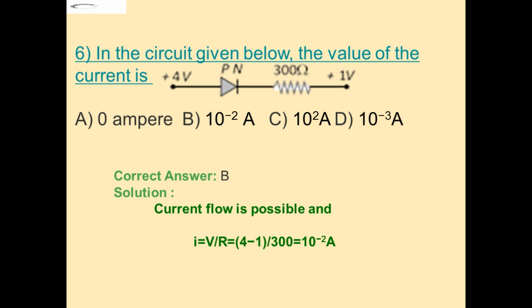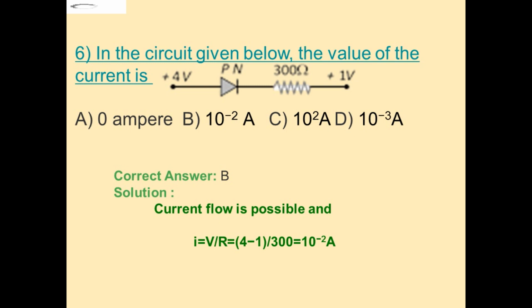So, if the diode is ideal diode in forward biased condition, it offers a very less resistance. If it is ideal, 0 resistance. So, in the given problem, the diode is in forward biased condition, so it conducts. Okay. So, current flow is possible in this case.